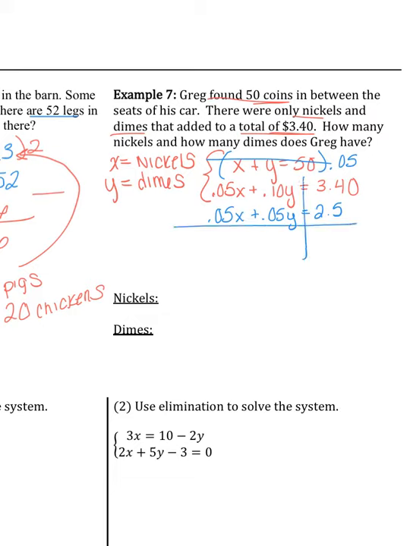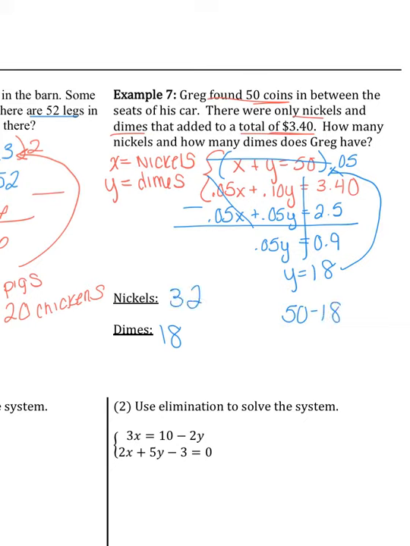Because that's a good one to substitute in my known value eventually. And I'll subtract, those cancel. I'm left with 0.05y is equal to, let's see, $3.40 minus 2.5 gives me 0.9, and I'll divide that by 0.05, and that gives me 18. Well, if I know I have a total of 50 coins, 18 of which are dimes, okay, 50 minus 18 gives me a remainder of 32 nickels.